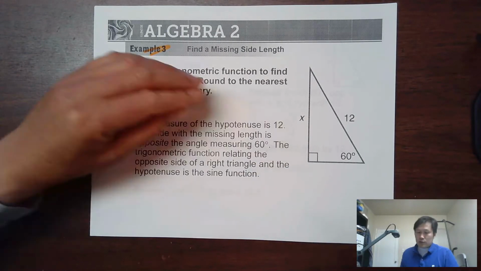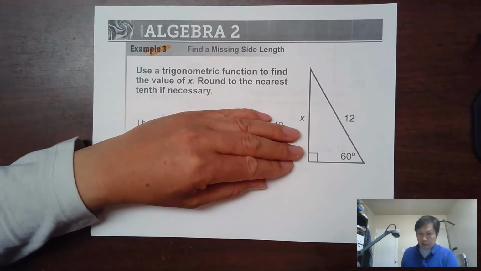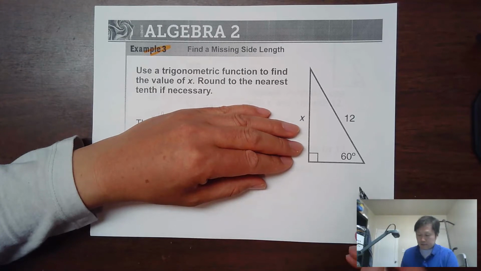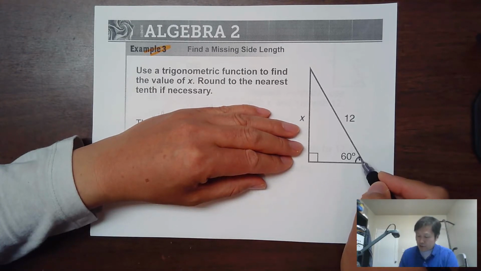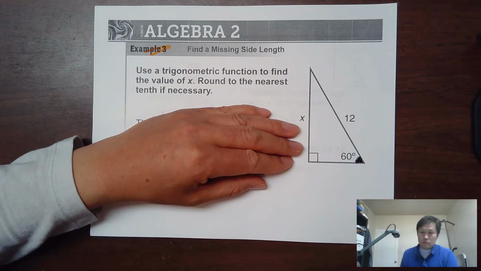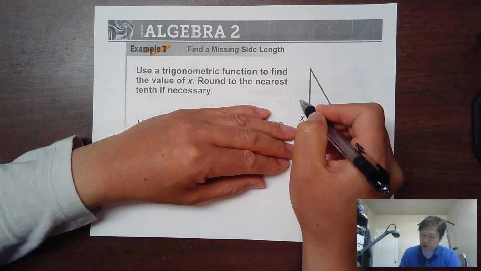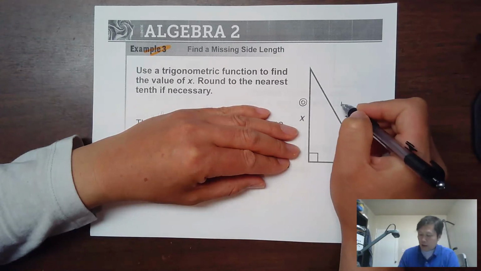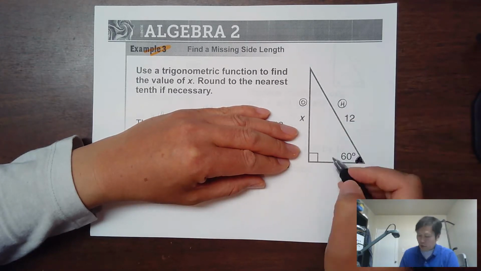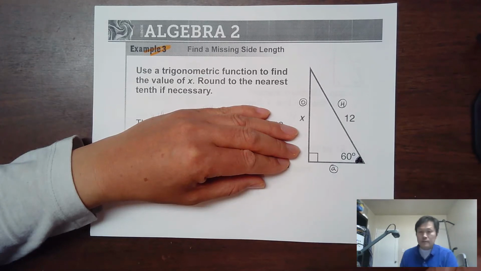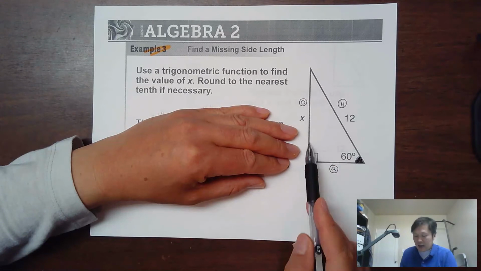When you deal with such a question, the first thing to do is identify the angle of interest, meaning you can label opposite here, hypotenuse here, adjacent here. What are we trying to do? We are trying to find the length of this side.